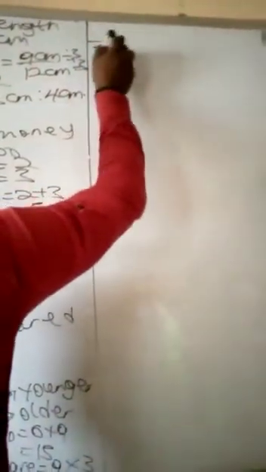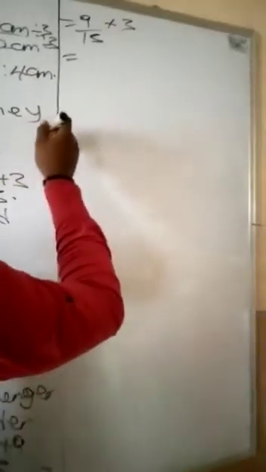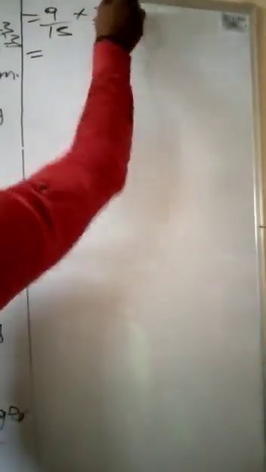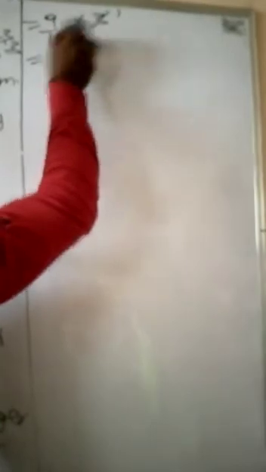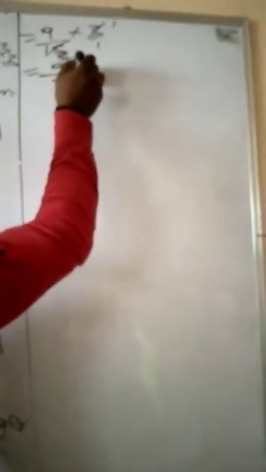Now, we have 9 over 15 times 3. Let's reduce. 3 here will be 1, 3 here will be 5. So we have 9 over 5, which we can divide.